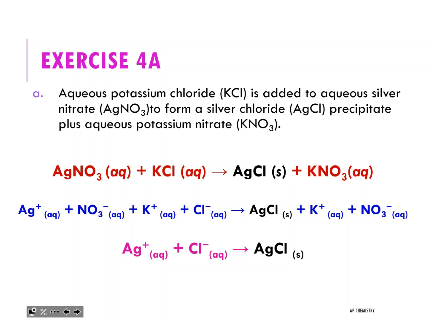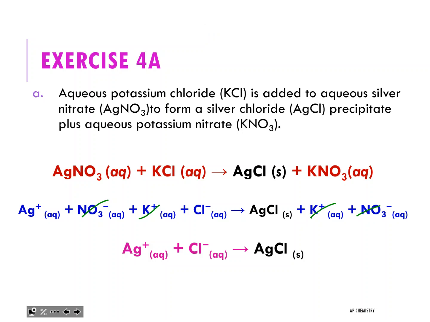Everything that's aqueous is going to be dissolved in there. And you'll notice, obviously, that the potassium and the nitrates end up being the spectators. So they cancel out. And then you're left with your silver, your chloride, and your silver chloride precipitate.